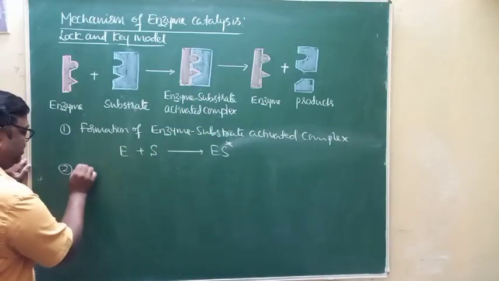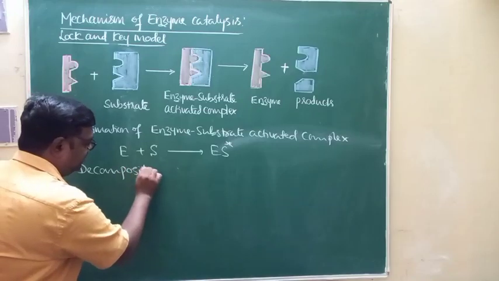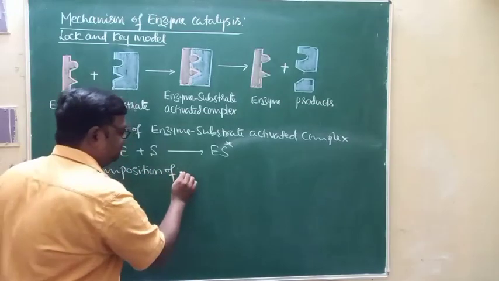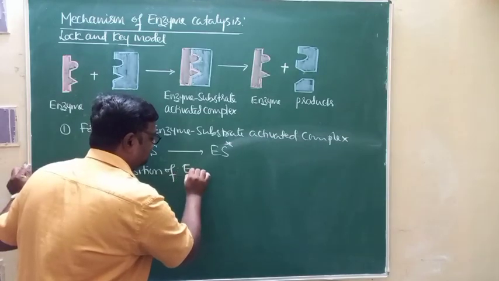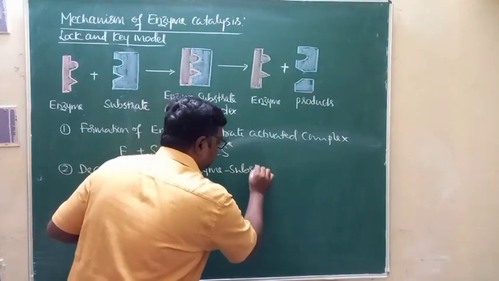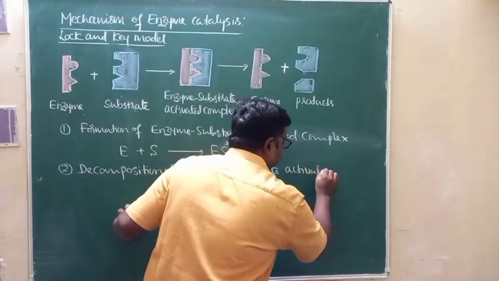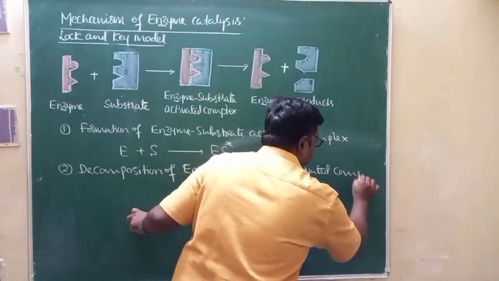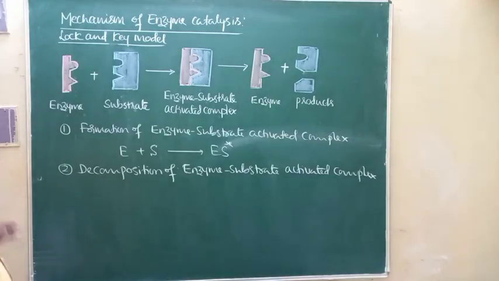And in the second step, there is a decomposition of the enzyme substrate activated complex. This is what we call the second step, decomposition of the enzyme substrate activated complex.